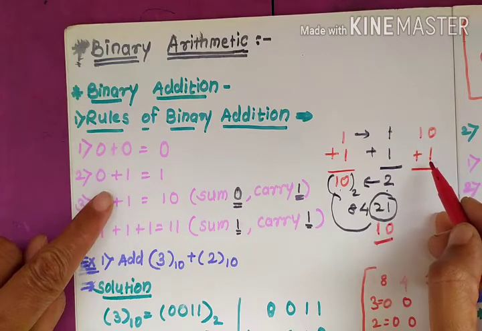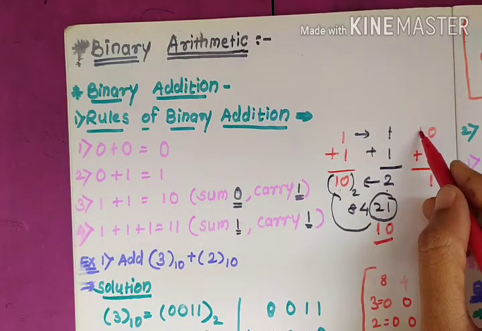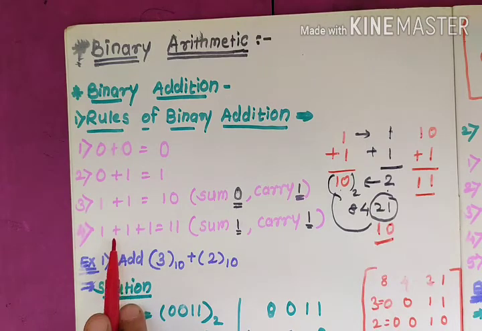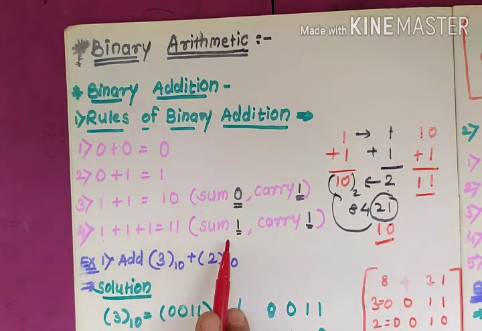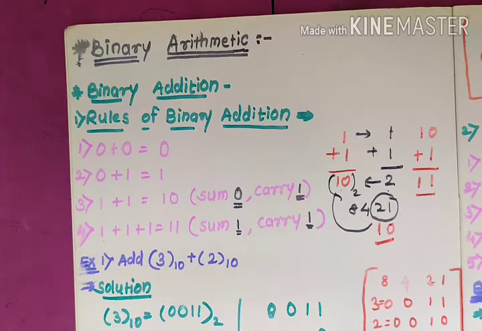This is the first rule. 0 plus 1 is equal to 1, and this 1 stays as it is. So the sum of 1 plus 1 plus 1 is equal to 11. Sum 1 carry 1. Is that clear student?